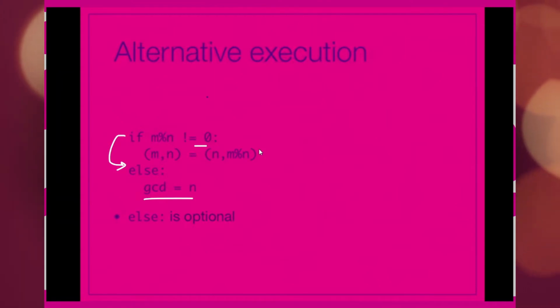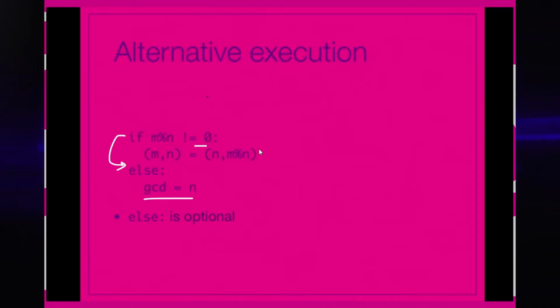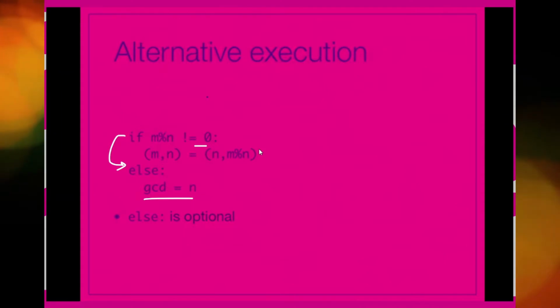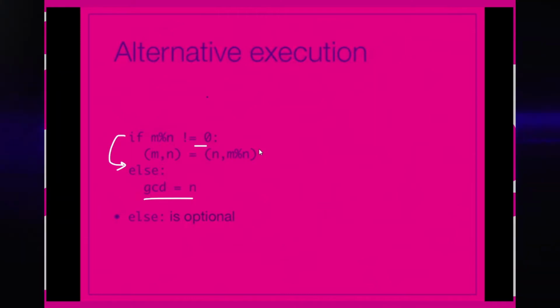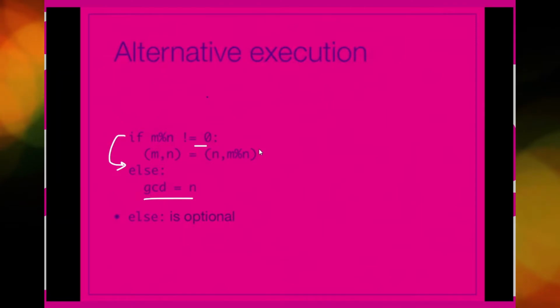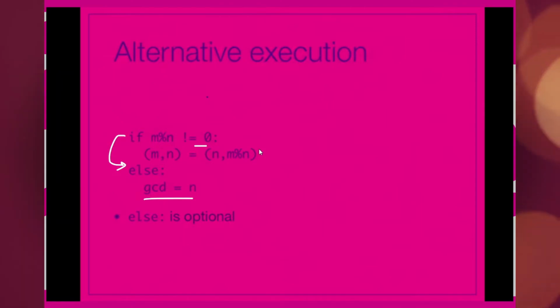If it is true, then we'll go for the logic m, n equals n, m percentage n. But what when the condition is false? At that time, if you want to print something on your output screen, you're going to go for else. Else will help you print something, and you will automatically know that your first condition is not executed, which is why it is giving you the output of the else condition. I hope you get this.